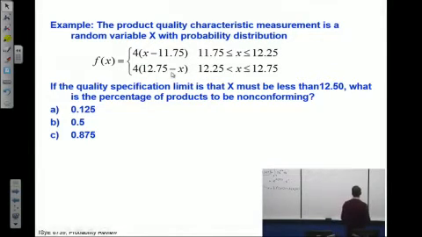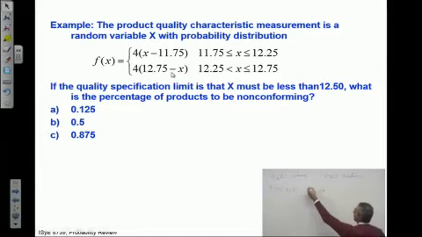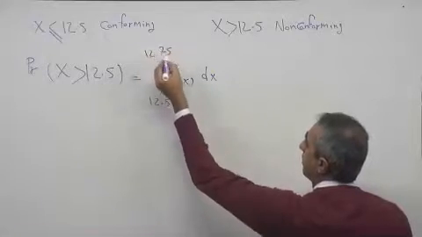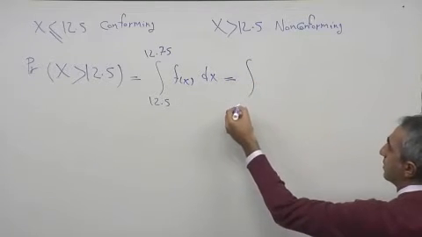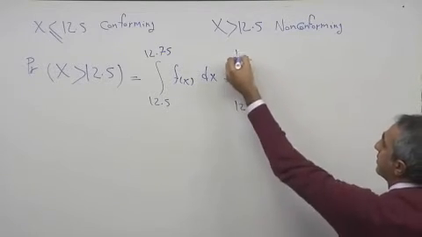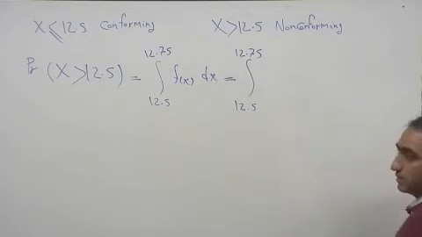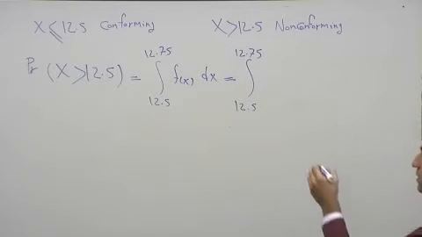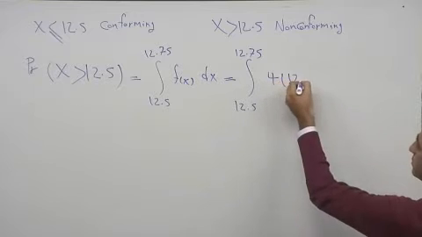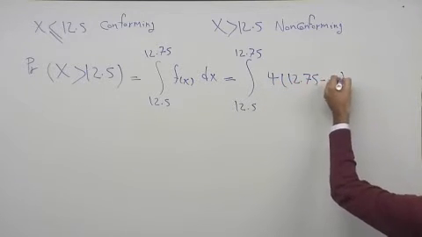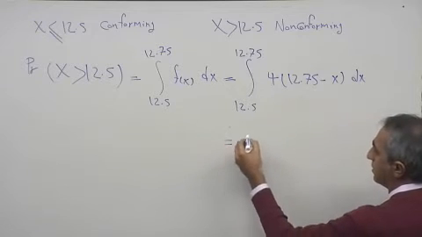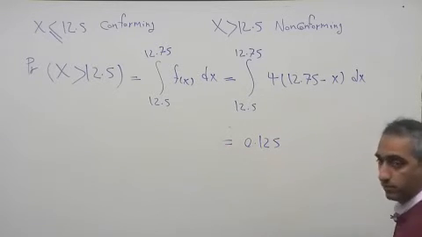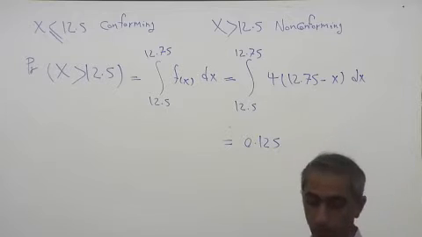So 12.5 up to 12.75, which is the upper range, of 12.75 minus x dx. If you do the calculation, it's going to be 0.125.